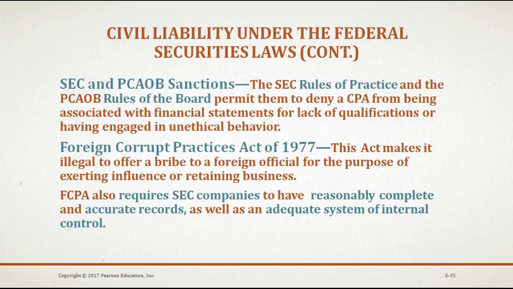Another significant congressional action affecting both CPA firms and their clients was the passage of the Foreign Corrupt Practices Act of 1977. This act makes it illegal to offer a bribe to an official of a foreign country for the purpose of exerting influence or retaining business. The prohibition against payments to foreign officials is applicable to all U.S. domestic firms, regardless of whether they are publicly or privately held, and to all foreign companies filing with the Securities Exchange Commission.